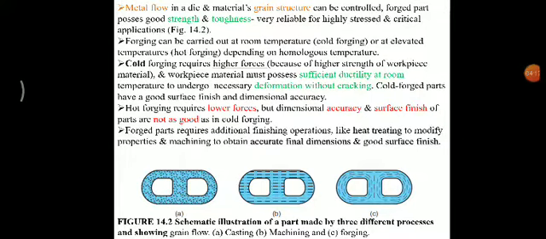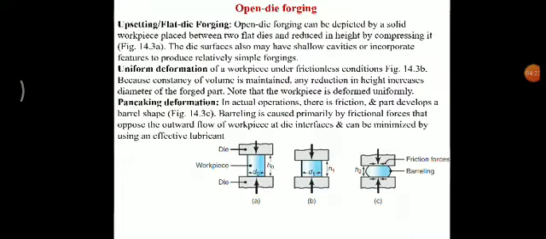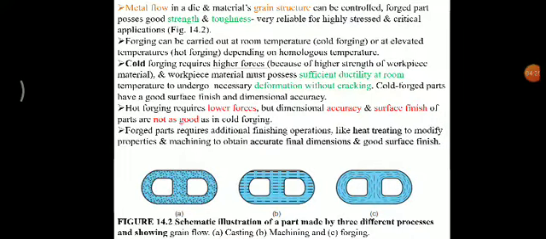As you must have seen in point number 2, cold forging requires higher forces, because the metal does not possess sufficient ductility at room temperature to undergo the necessary deformation without cracking.